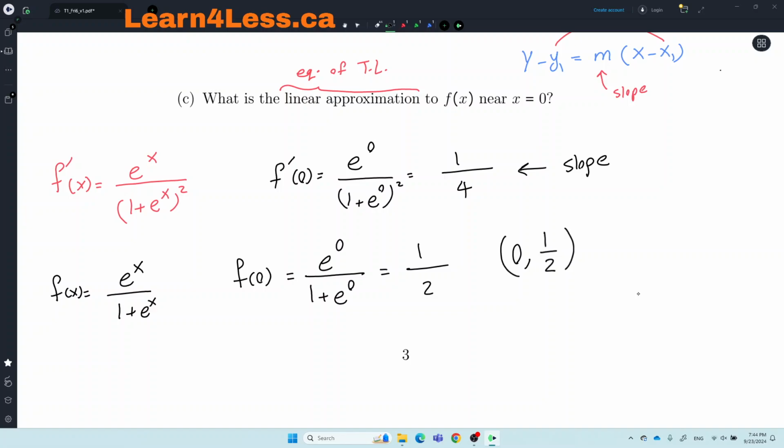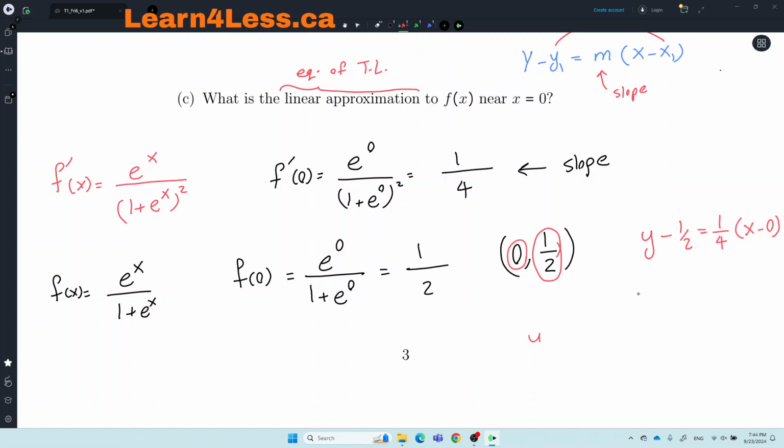Okay, now we have the slope of a tangent line. We have a coordinate of 1 point on the line. So we can write the equation of the tangent line: y minus y1, so this would be 1 over 2, is equal to m, the slope that we found, 1/4, times x minus x1, which is this 0.